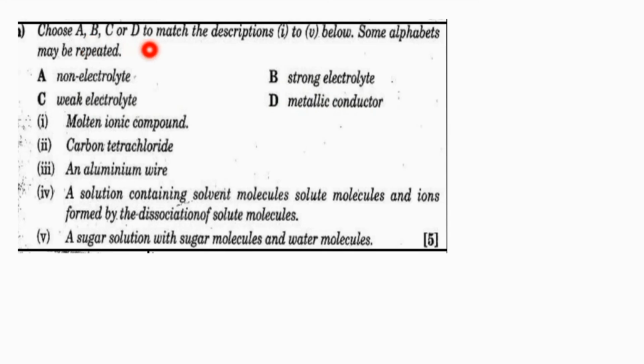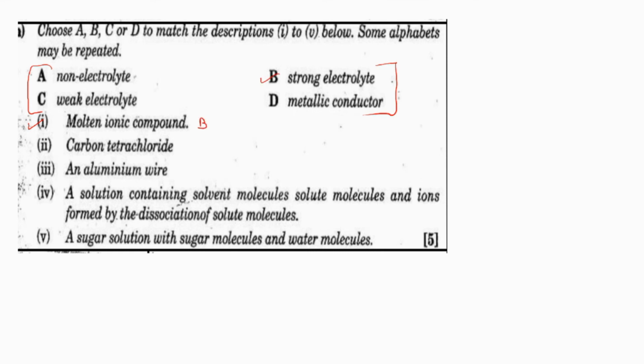Choose A, B, C or D to match the descriptions 1 to 5 below. Some alphabets may be repeated, they are telling. So they have given some A, B, C, D options and we are going to choose the correct option. Molten ionic compound, like sodium chloride. Sodium chloride will be containing full of positively charged and negatively charged particles, so it will become a strong electrolyte.